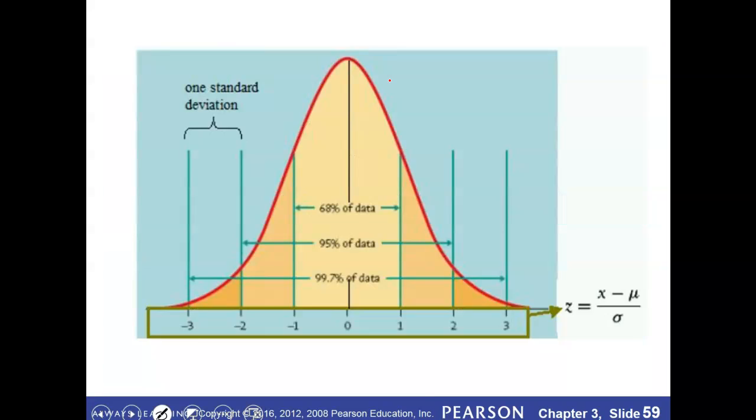For example, we have any set of data here. We have the mean, which in this case is at 0. The 1 signifies that it's 1 standard deviation above the mean. The 2 signifies that it's 2 standard deviations above the mean, and the 3 signifies that it's 3 standard deviations above the mean. Those are z-scores.